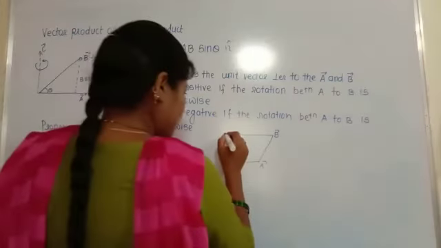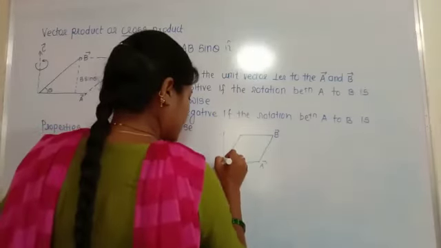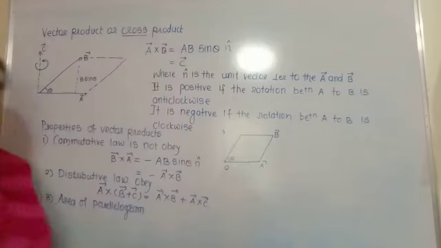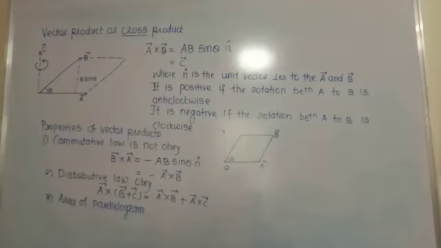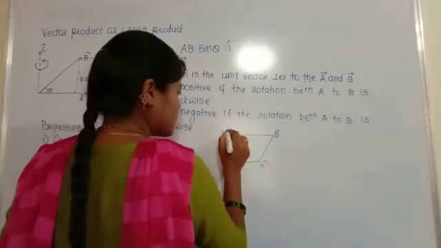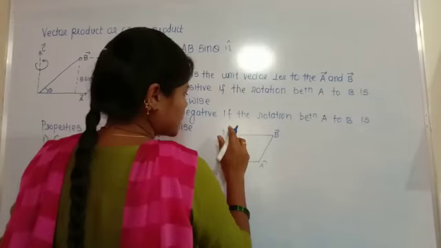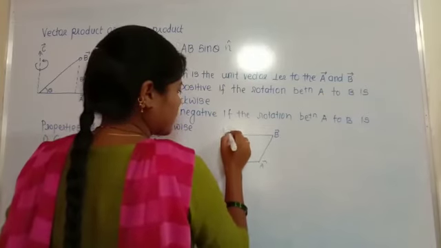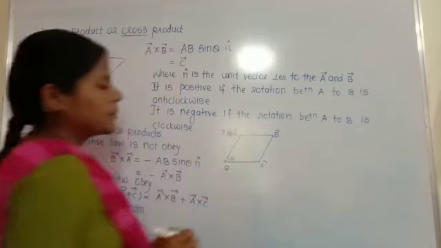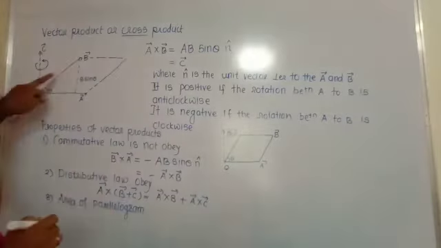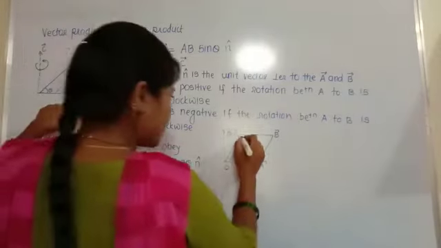And here is the direction of C. C is nothing but vector A cross vector B. Okay. And taking the same direction, this is the area of the parallelogram, the same diagram applies here.